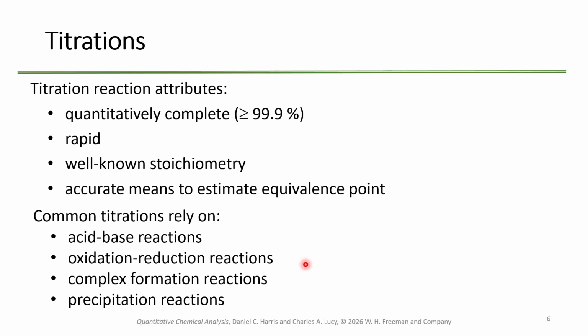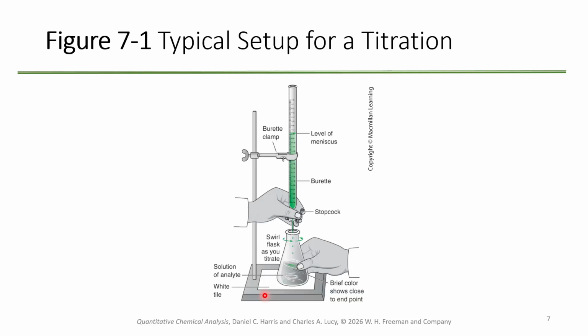Then there are complex formation reactions and precipitation reactions. Anybody done a precipitation reaction with titration? No. The nice thing about precipitation reactions is you'll get a precipitate out, which can be pretty easy to see, though you have to look very carefully, because just because you're making a precipitate does not mean it's going to be on the bottom of the flask.